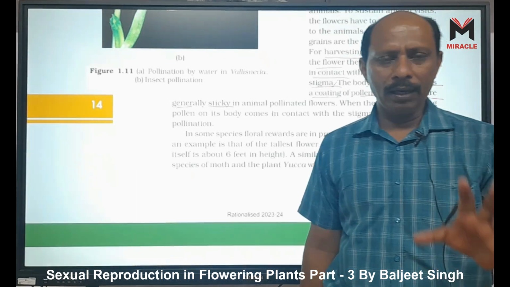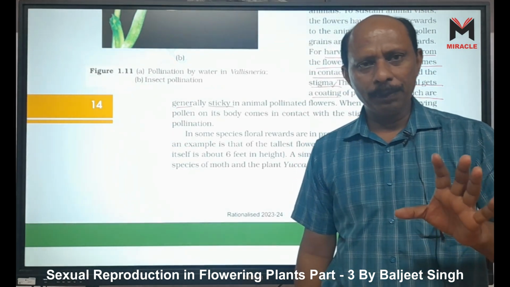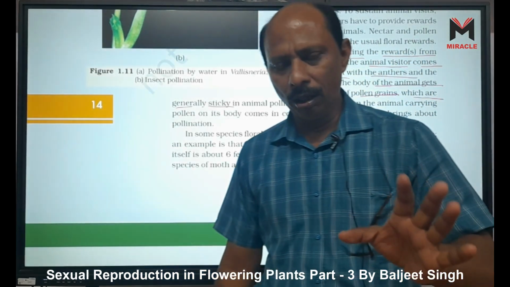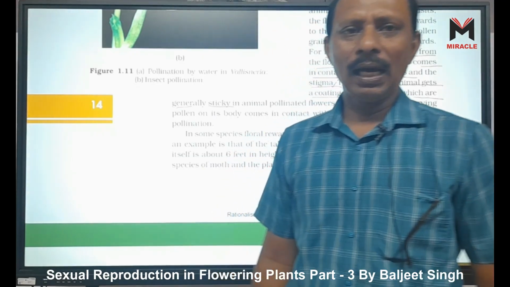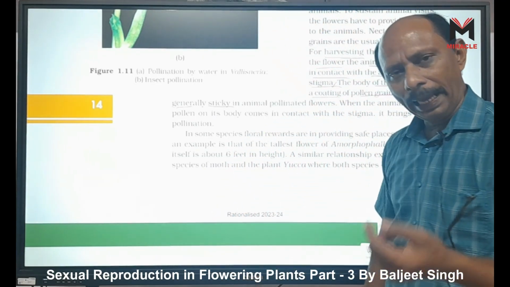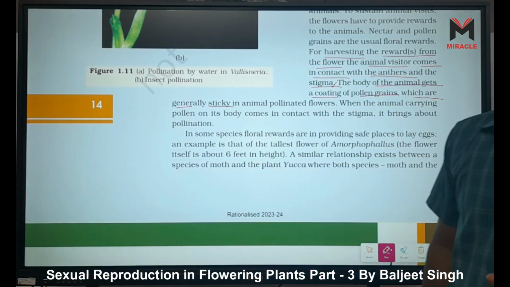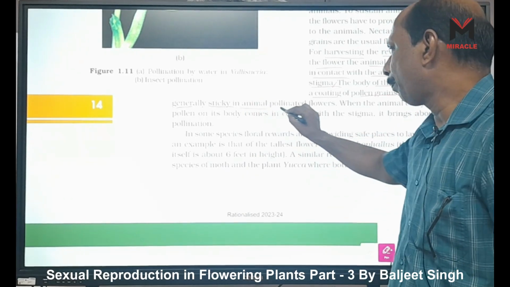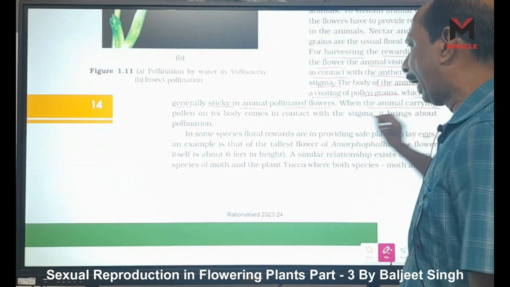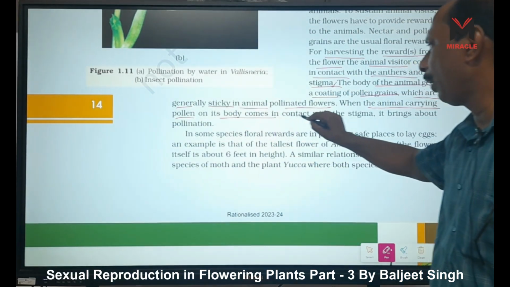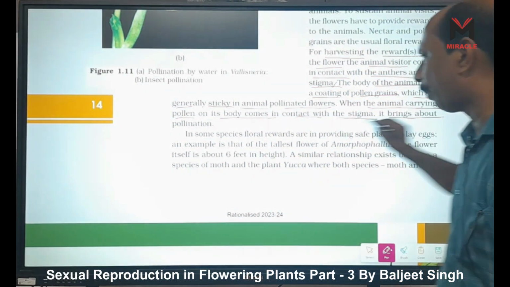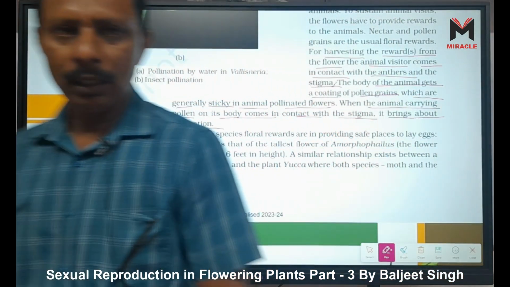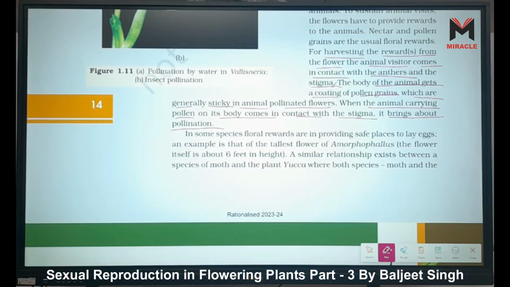Look here, the pollen grains which are pollinated by biotic components are sticky, right? Anemophily means it is non-sticky. Zoophily means they are sticky. In animal pollinated flowers, when the animal carrying pollen on its body comes in contact with the stigma, it brings about pollination. That is a simple process, right?